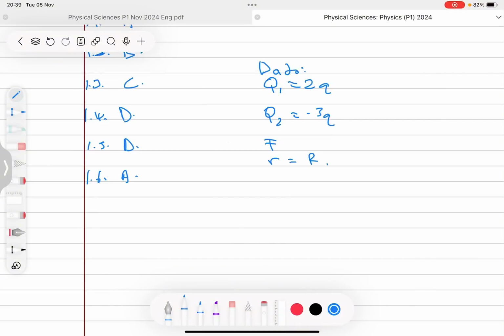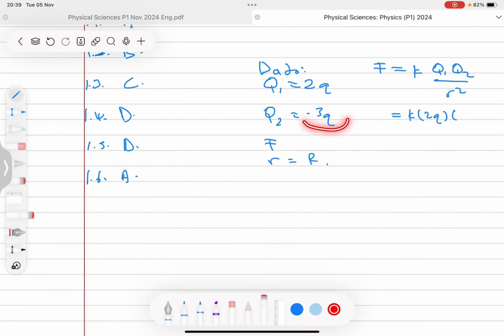Obviously, you can see that this question uses Coulomb's law. So how do we define this force? We'll say F, the electrostatic force, the Coulomb's force, is given by Coulomb's constant k times Q1 times Q2 all over r squared. Now I'm going to substitute my values here, so I have k here, and here I have 2Q.